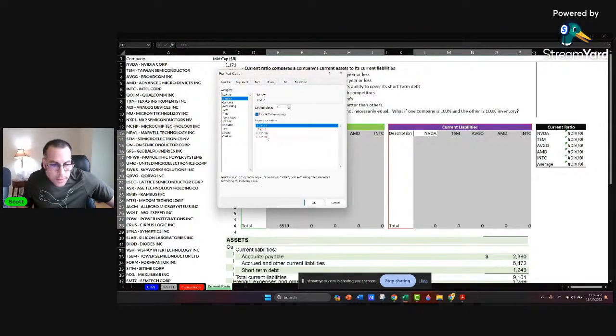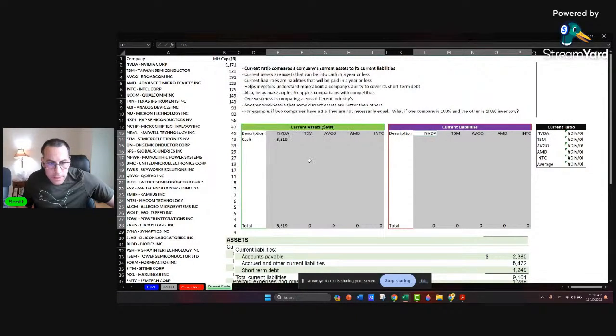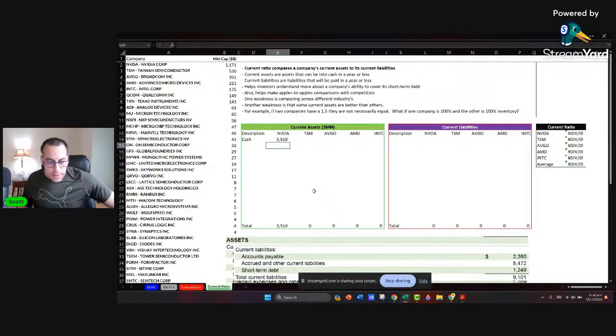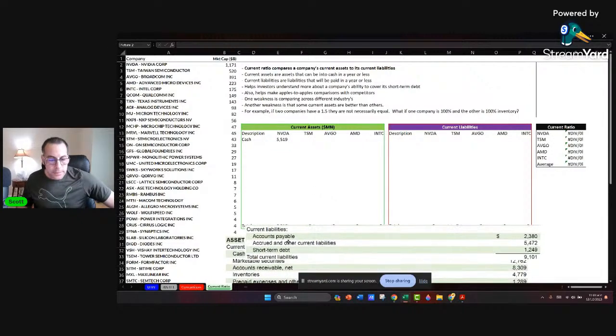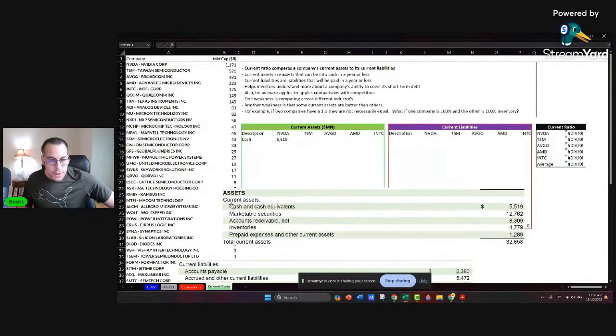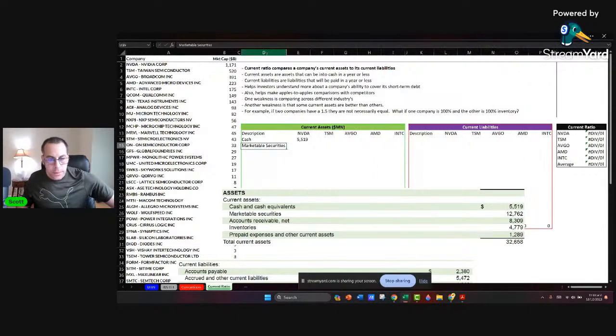I like consistent formatting. Okay, 5519. That's the cash. Marketable securities, 12762.